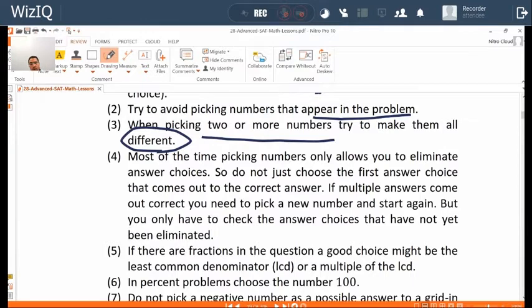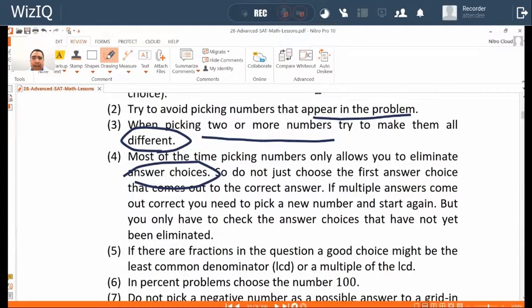Now, sometimes when you pick numbers, this will only allow you to eliminate a couple of answer choices, not all of them. So this is a very important caveat, a very important warning: you don't just choose the first answer that comes out correct. Sometimes multiple answers come out correct, and you need to pick a new number and start again, right?